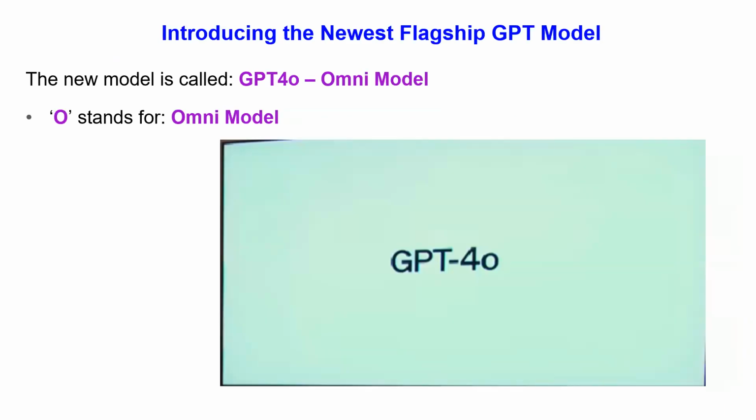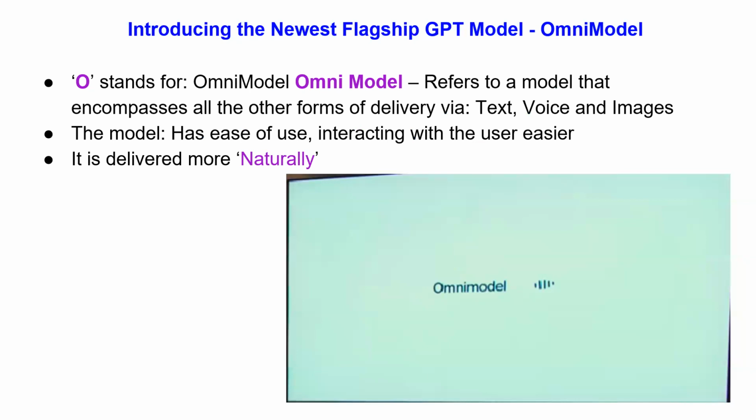Okay. All right. So the other update was that they dropped a new model, which is called GPT-4o. And the o here stands for Omni model. So what does Omni mean? Omni refers to a model that encompasses all the other forms of delivery: via text, via voice, via images, okay?